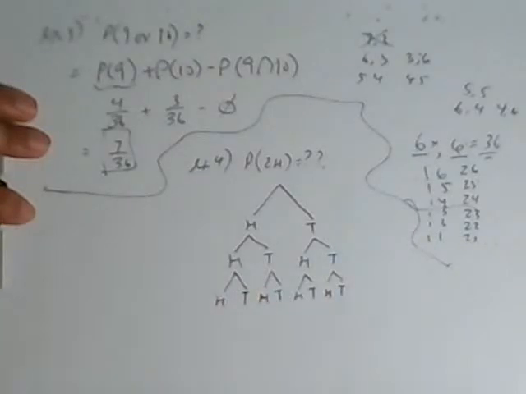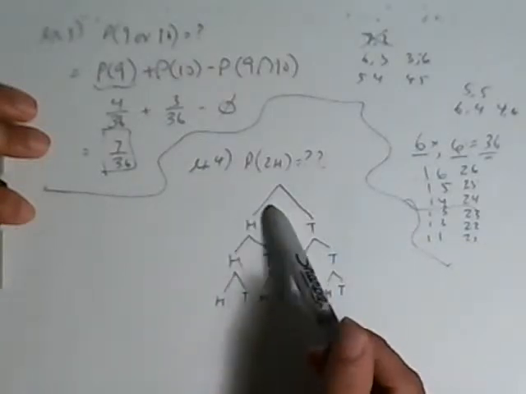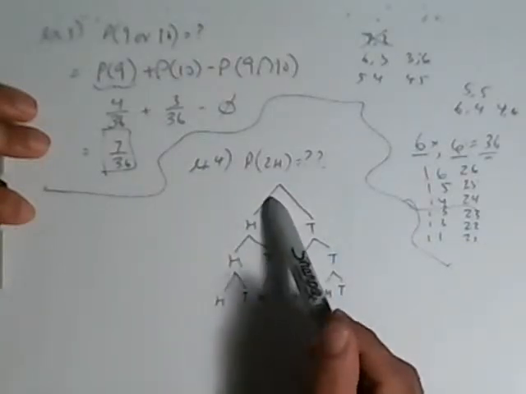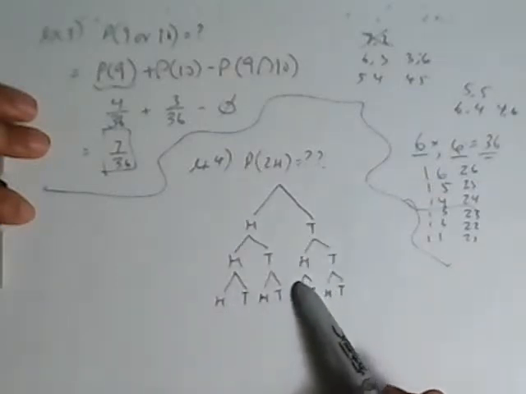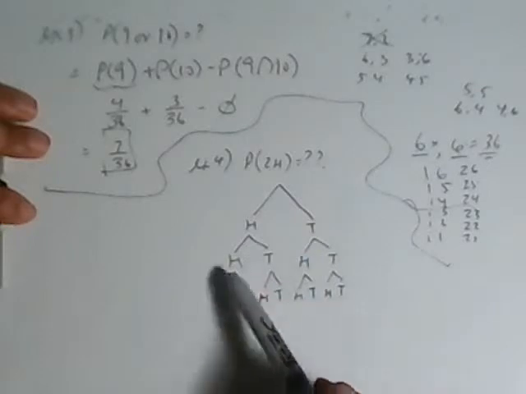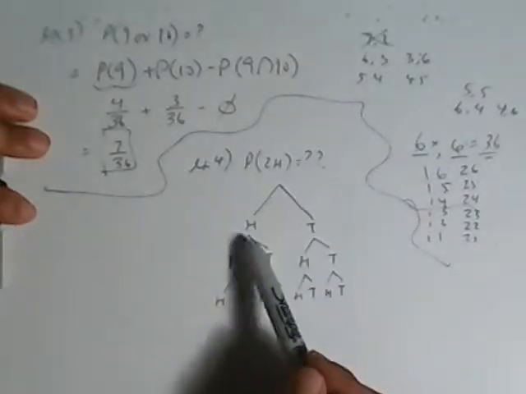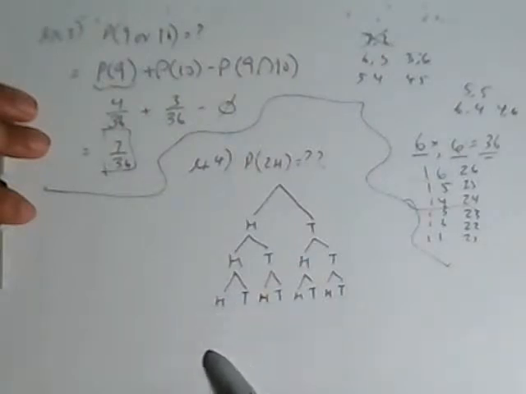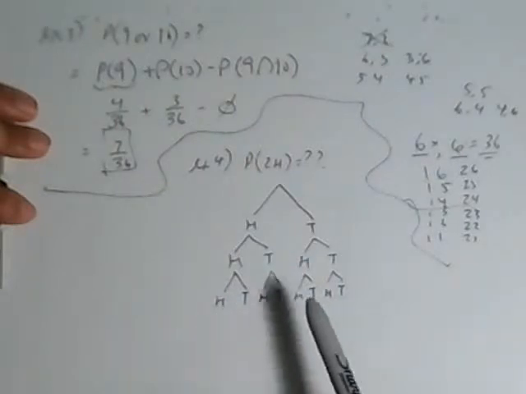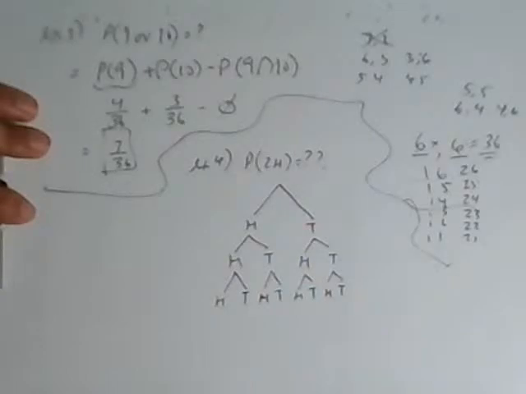And so on the 3 tosses, you can have heads, heads, heads; heads, heads, tails; heads, tails, heads; heads, tails, tails; tails, heads, heads; etc. So you can have many different ways. That's called a tree diagram. These are called the branches, and the end result right here is called a leaf. And of course, when you have a tree, you have leaves on the branches of a tree.